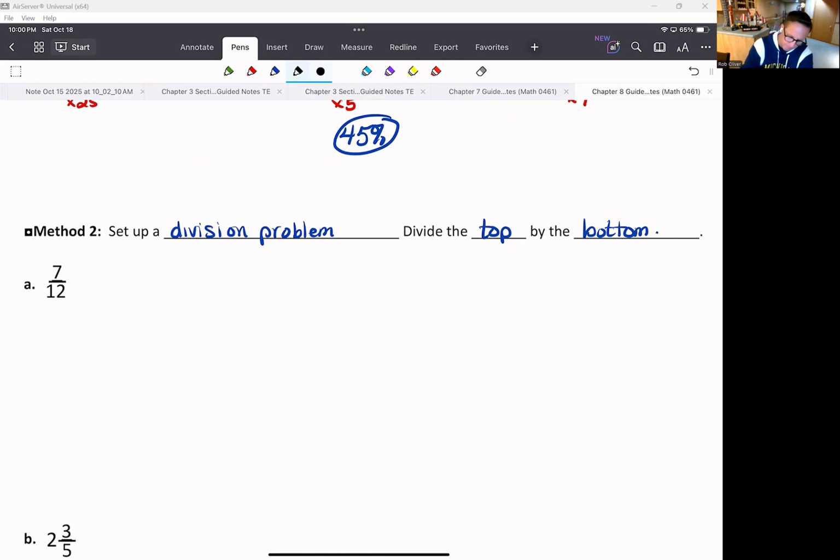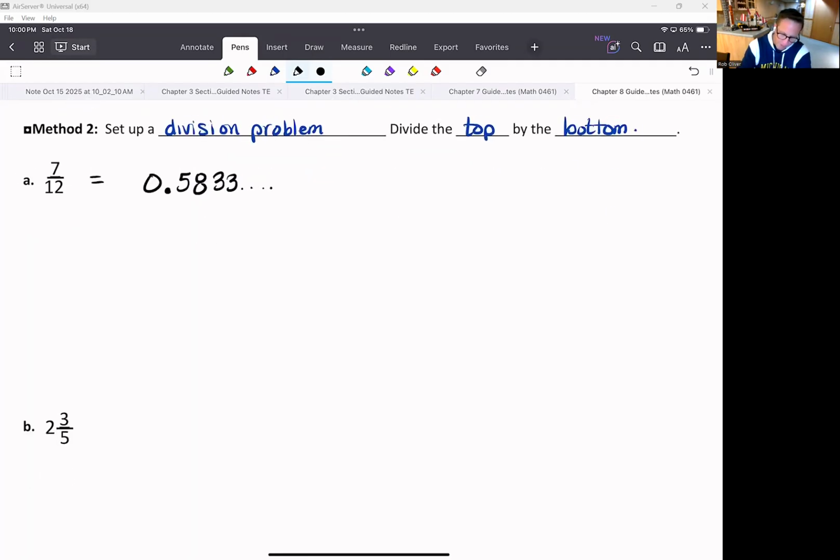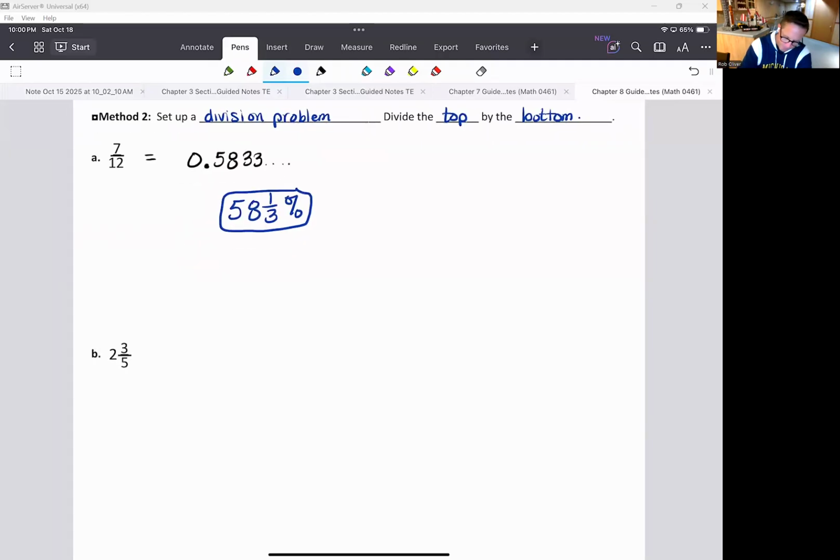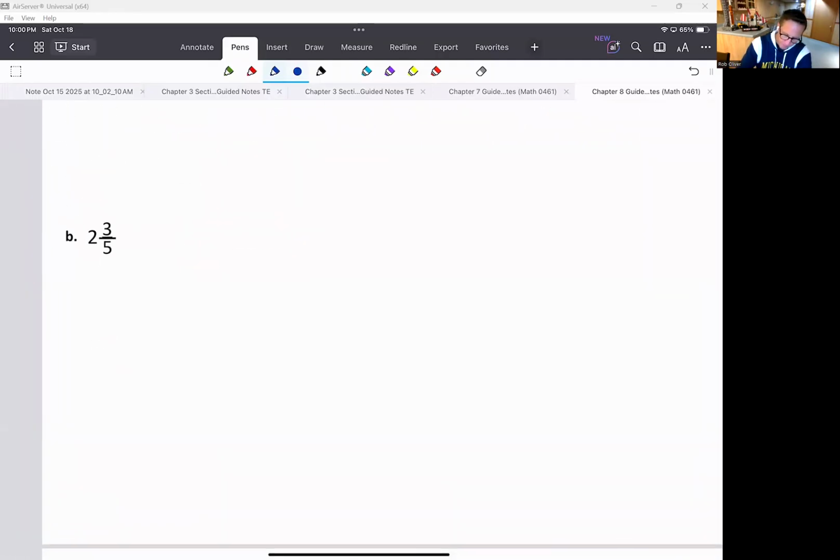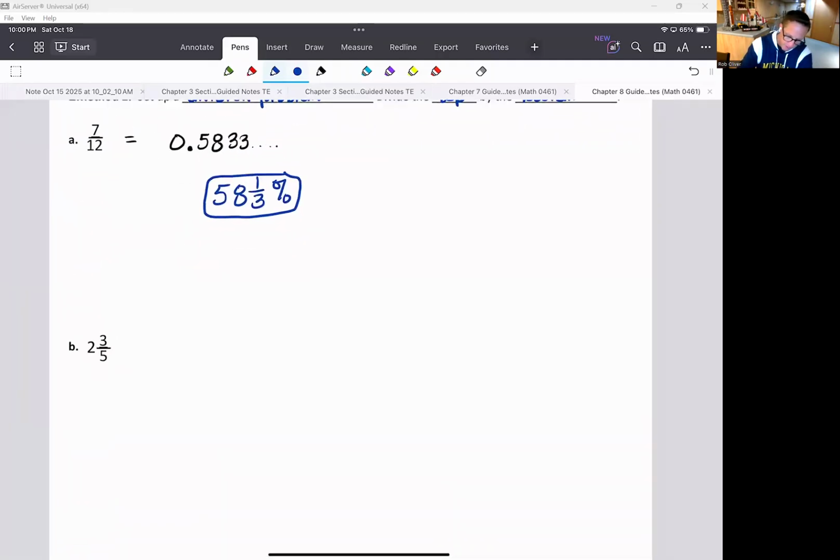And when you do 7 divided by 12, I got 0.5833, going on forever. All right, which is going to be 58 and 1/3%. Right there.